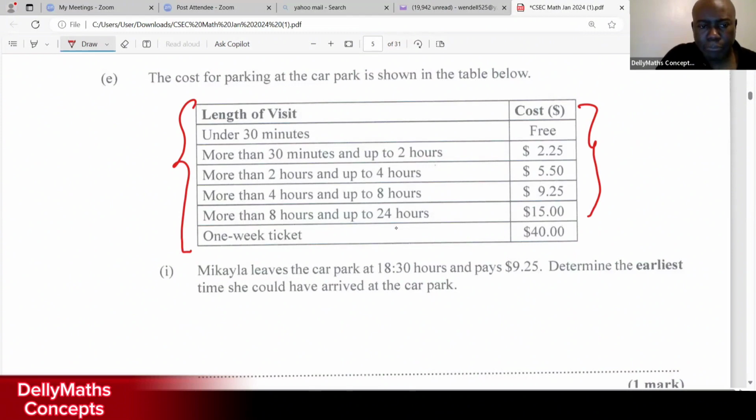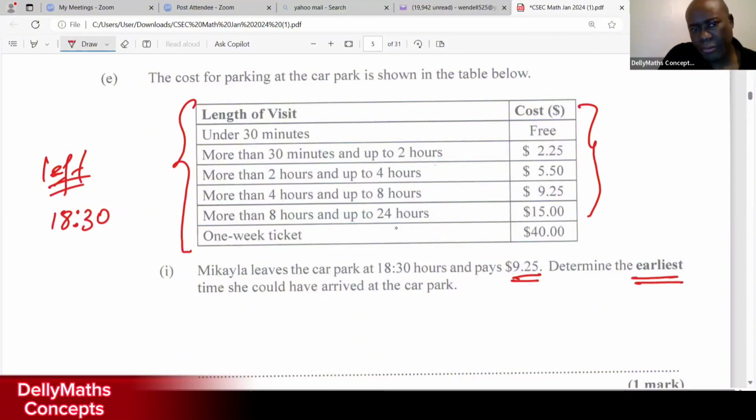So it says, Michaela leaves the car park at 18:30. So we're looking at that. We could say that Michaela left at this time, 18:30, and pays $9.25, determining the earliest.